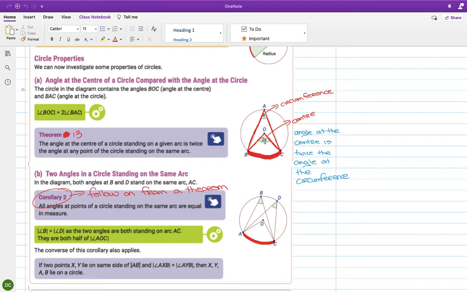And then we have this one, which stops at the center. And we know that that's going to be double this one.